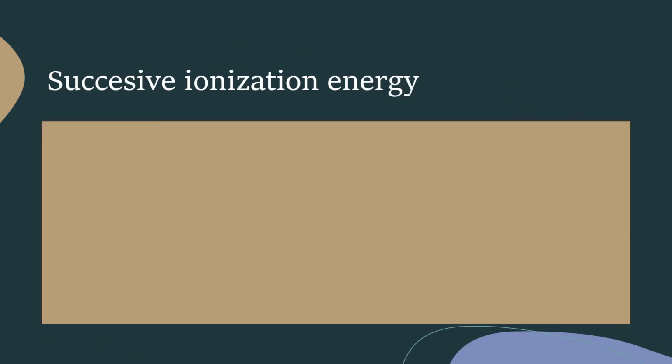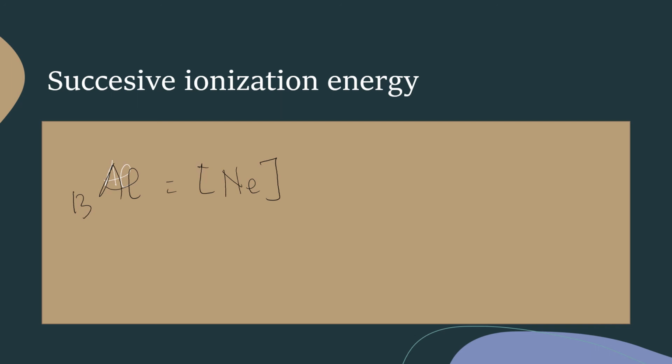So the successive ionization energy is the energy needed to release the electrons one by one. For example, for aluminum with proton number 13, we can write the configuration in a simple way in noble gas form.